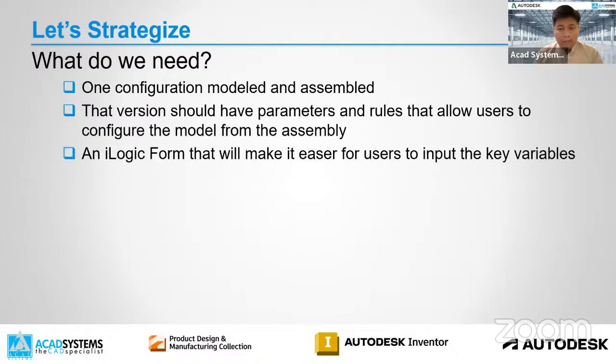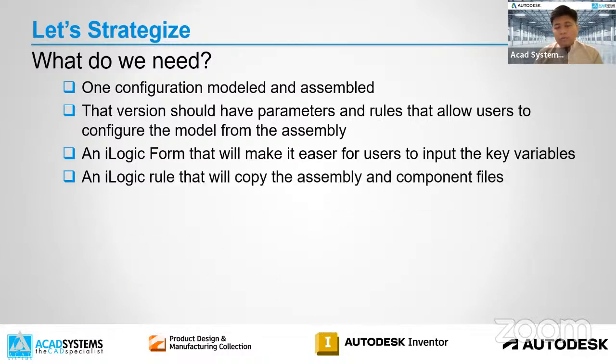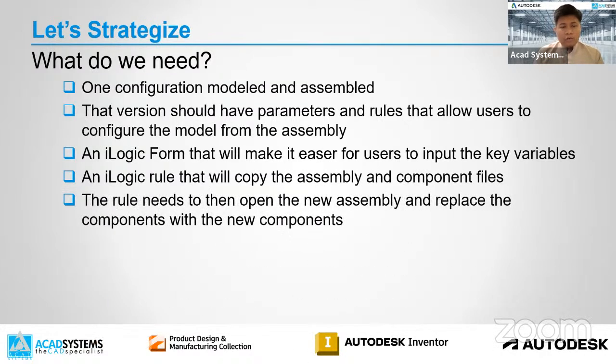Try to minimize the buttons to make it easier. The rules will be a bit complicated for assembly, but it's okay, you can learn. The rules need to open and replace the component with the new component. But this idea is that when I'm done with the changes, I want to have one button.